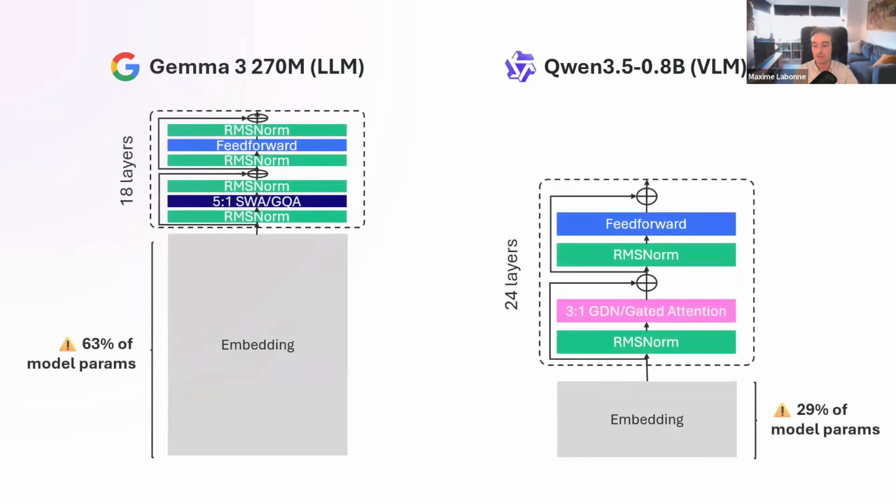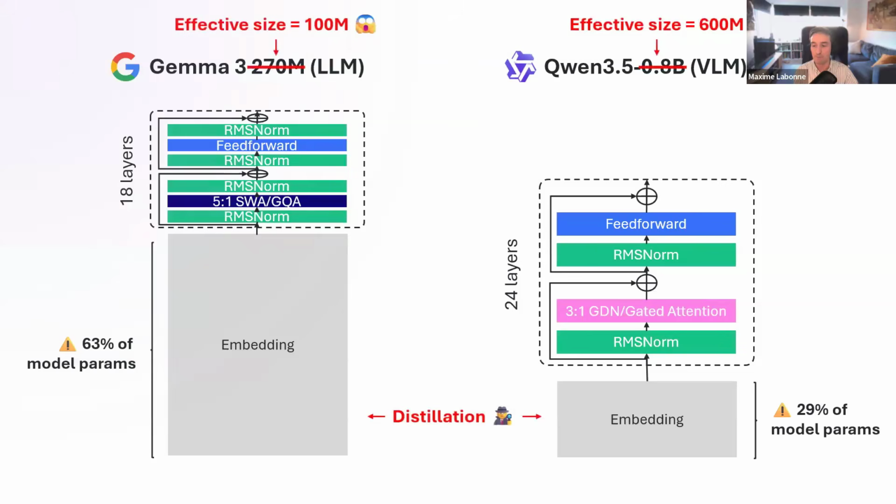The problem that you see if you dive a bit deeper into the embedding layer is that they're very big. Basically, the vocabulary size of the tokenizer is huge for such small models, which means that the embedding layer is most of the model for Gemma 3 270M. And that's an issue. It's probably due to distillation. They train these models by distilling them from bigger models, which is why they have these huge vocab sizes.